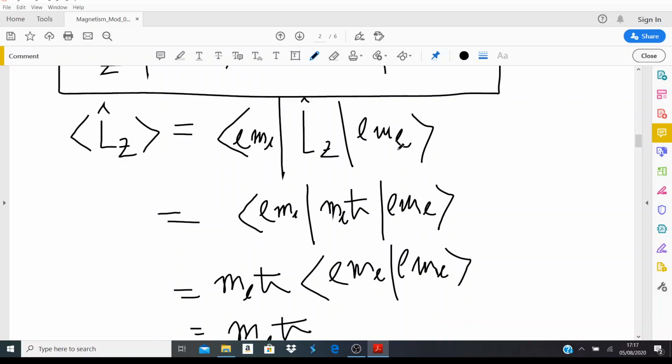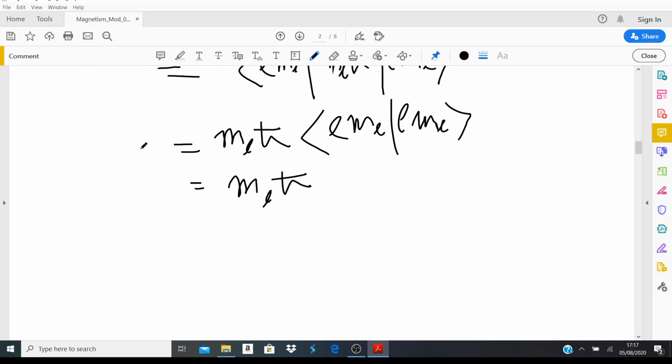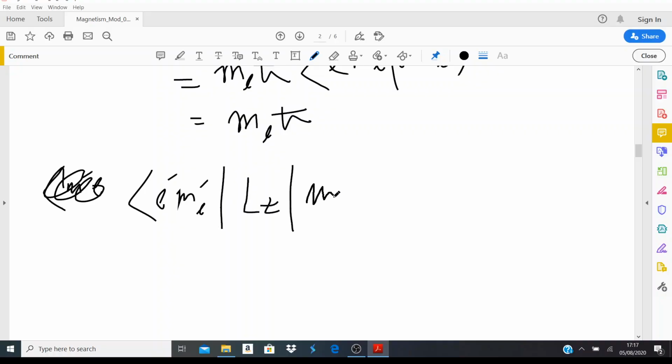Similarly, you can evaluate this expectation value in a different state. Let's say on the left we have the bra ⟨l', m_l'|, and then we have L_z, but the ket is |l, m_l⟩. That's another expectation value.